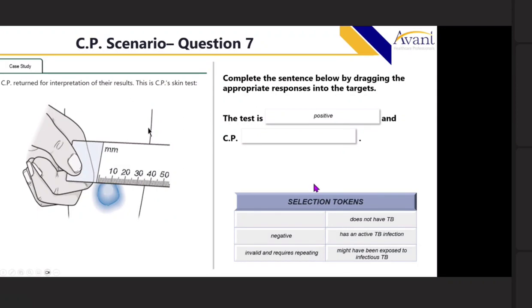So her test is positive, but it means that she might have been exposed, right? It's not positive enough for us to say, yes, she definitely has it. Number one, she's not symptomatic, right? Typically, if you have TB, if it's active, you have symptoms. So we have to say that she possibly has been exposed, okay?